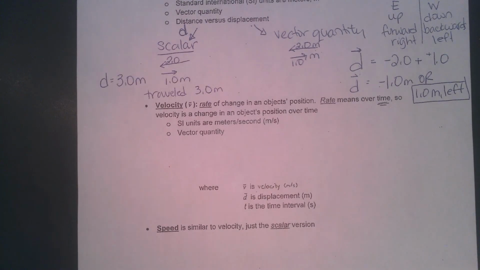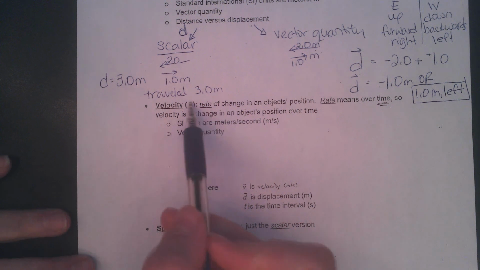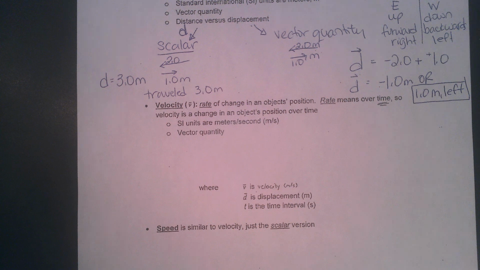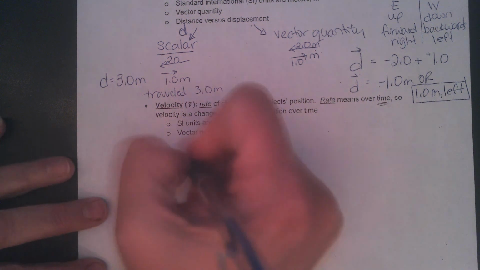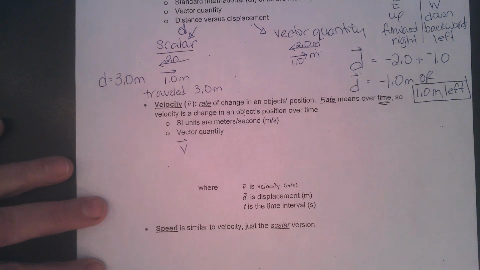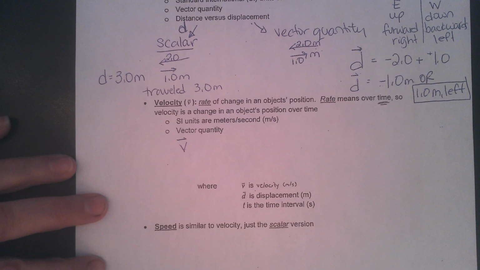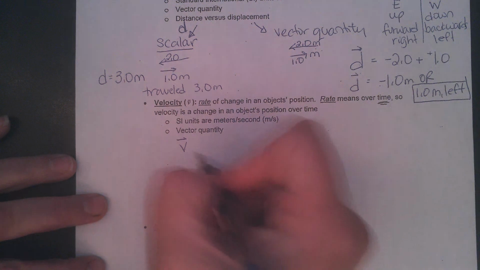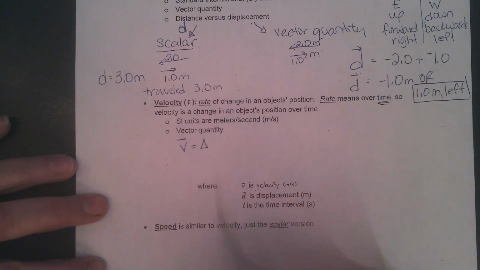So same thing with velocity. Velocity is a rate of change. It's indicated by v, again with a little arrow over top of it. And it's a rate, so that means that it's over time. What we need is displacement, because that's a change, over time. So velocity, again with that little arrow over top, and over time, I get incredibly lazy and I don't write that arrow in, but for now I do, is equal to a change in.